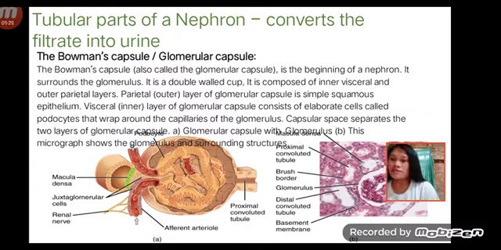And then the juxtaglomerular cells, also known as granular cells, are cells in the kidney that synthesize, store, and secrete the enzyme renin. They are smooth muscle cells mainly in the walls of the afferent arterioles and some in the efferent arterioles that deliver blood to the glomerulus.